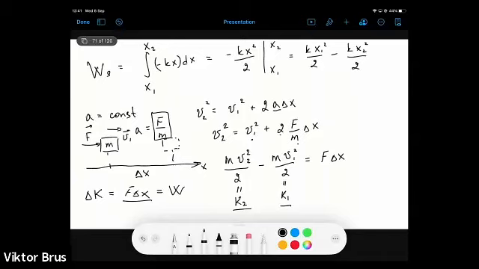And obviously, kinetic energy is not the only form of energy which could be considered. In order to see the full picture, we need to proceed further and consider other forms of energy accumulation or change.